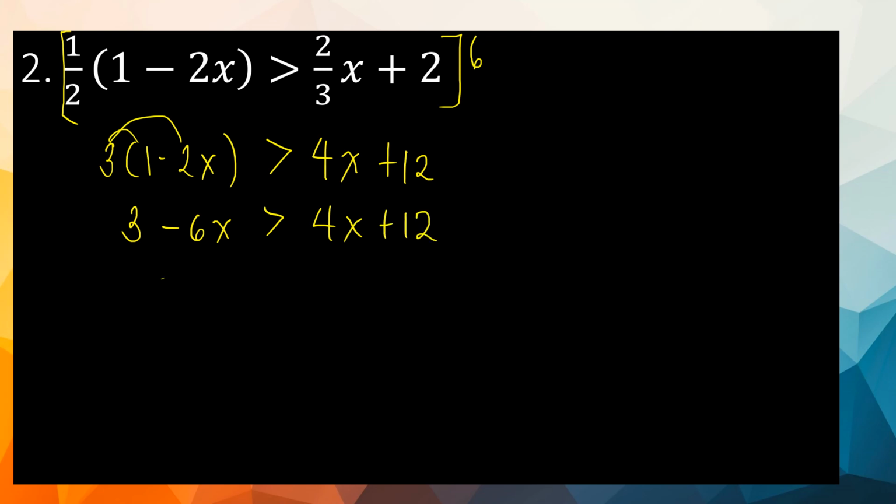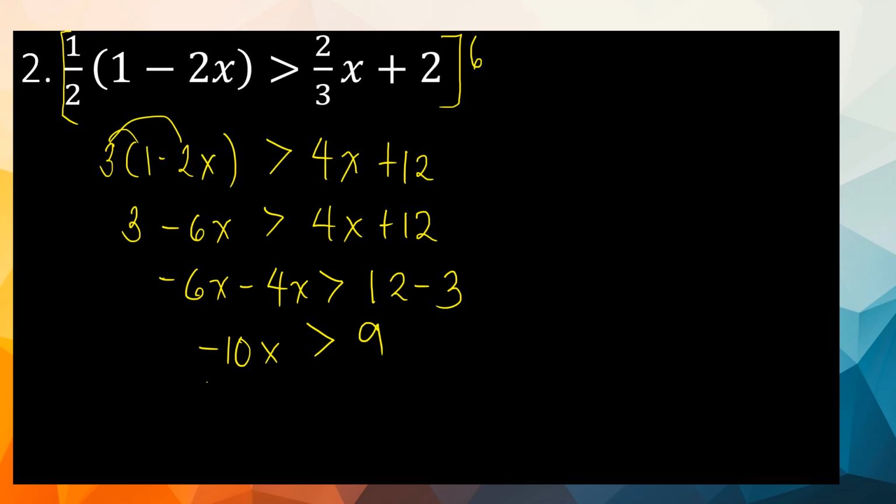Now let's combine like terms. So you will have here negative 6x. If we transpose 4x to the other side, that would be negative 4x is greater than 12. Transpose 3 to the right side, that would be negative 3. So this is negative 10x is greater than 9. As you can see, we will divide both sides by a negative number, which is negative 10.